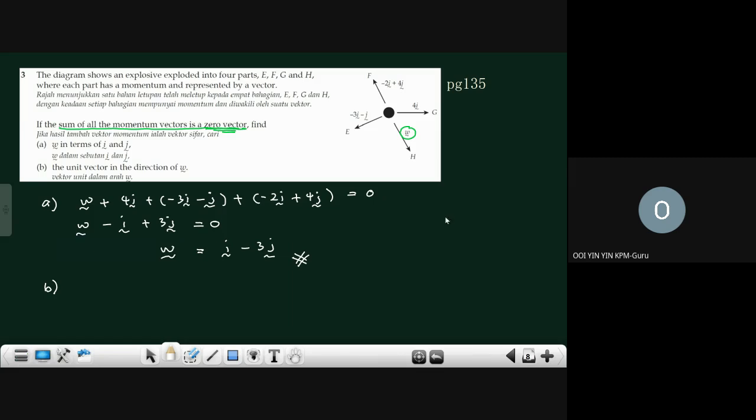Now B, unit vector in the direction of W. That means that is your W unit vector.